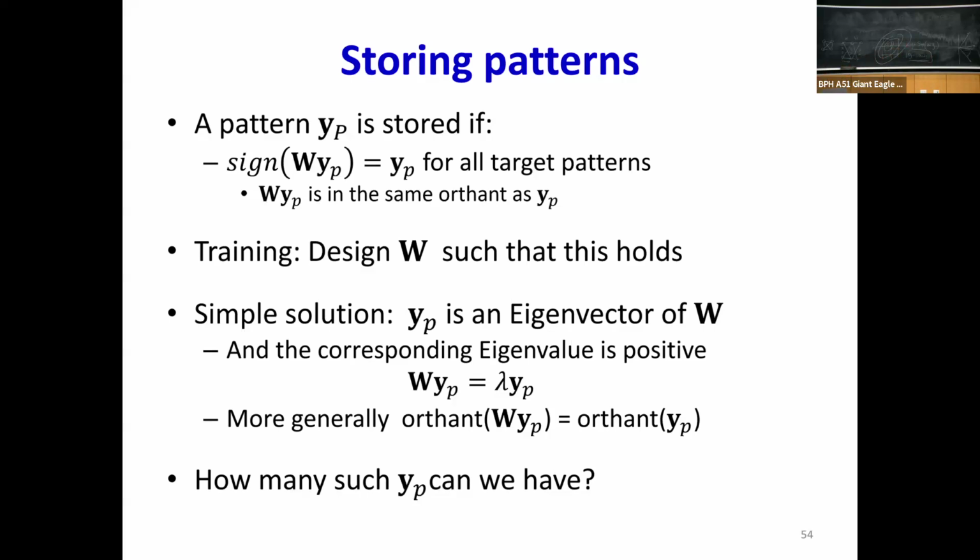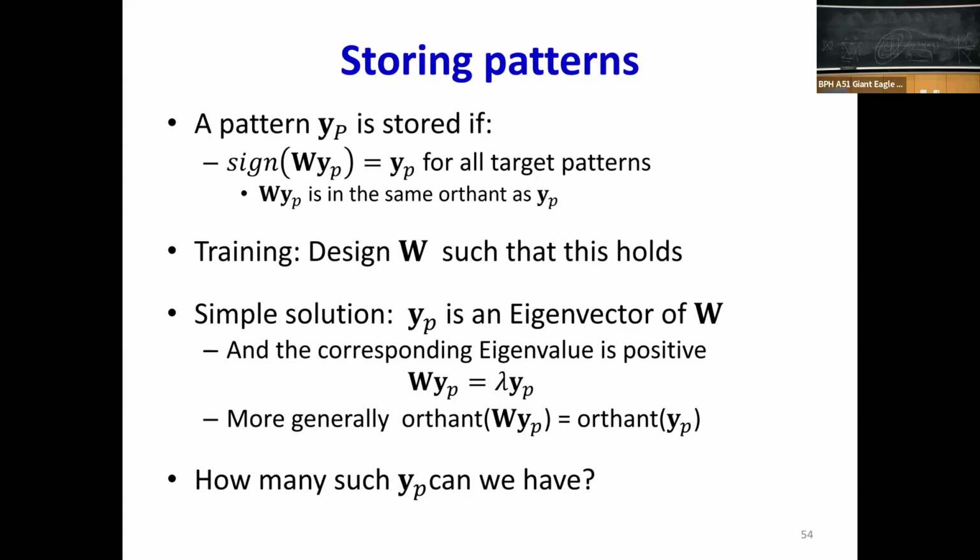So what would y be in this case? It's an eigenvector of w, correct? So for any matrix, if the pattern that you're trying to store is the eigenvector of the matrix, then that pattern is going to be stored.